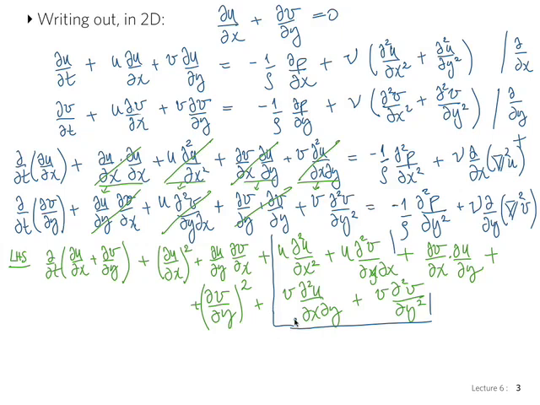Notice the following: here I can combine the ones with u, and I also have a du/dx, d/dx, so I will write u d/dx of du/dx plus dv/dy, and that's going to be the second term up there.